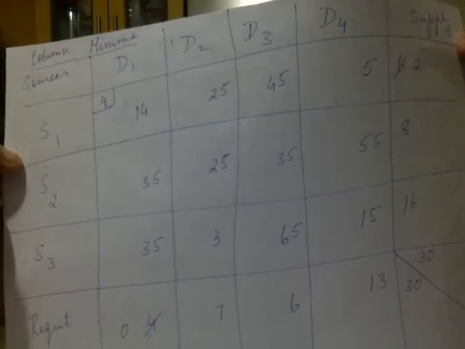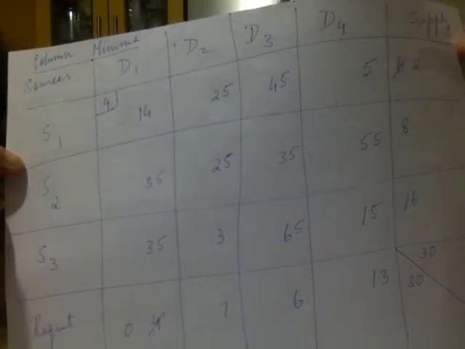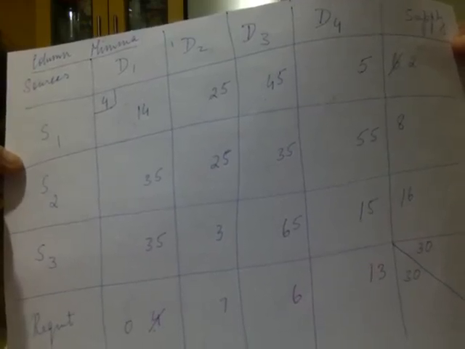Naturally, we go for 3. So S3 to D2 we have to give 7 because requirement of D2 is 7. We have a supply of 16. So S3 to D2, I'm giving 7. So 16 minus 7 becomes 9. And column 2 has no more requirements.